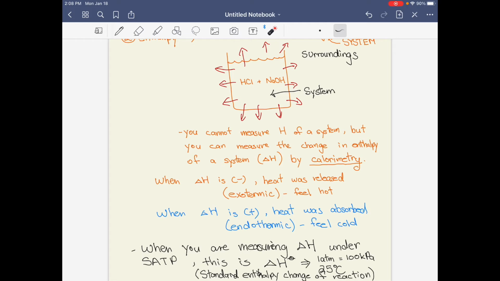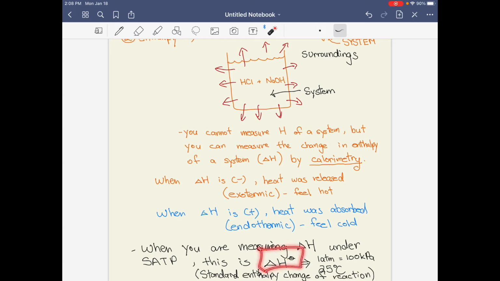However, we don't do our experiment in a fridge. We don't do our experiment outdoor. We do it in a regulated surroundings where the pressure in this lab is at 100 kilopascal and 25 degrees Celsius. We do our experiment under these conditions, and at these conditions, we say delta H naught.